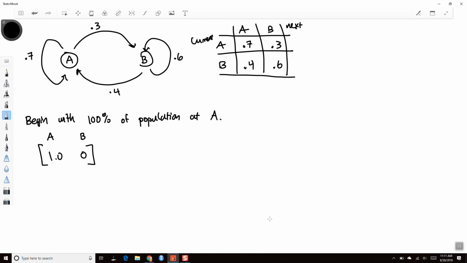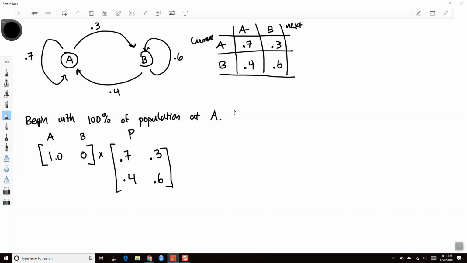Okay, and then I'll have my transition probability matrix P, which will be 0.7, 0.3, 0.4, and 0.6.